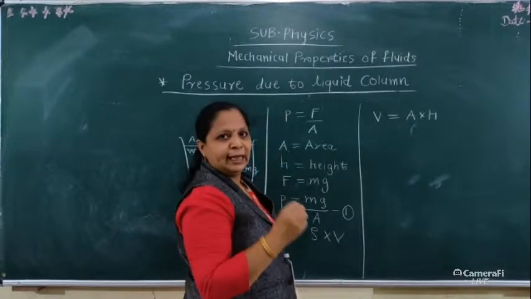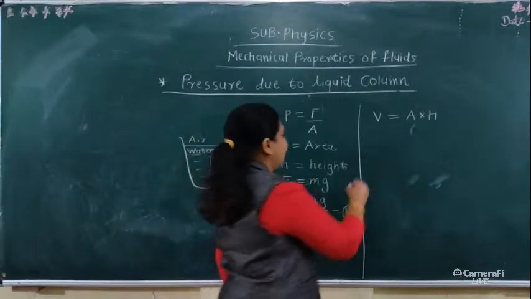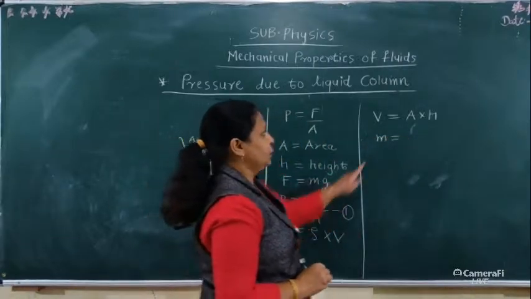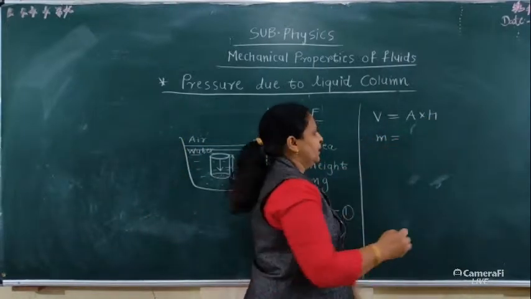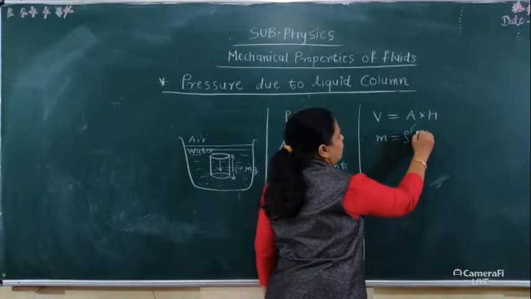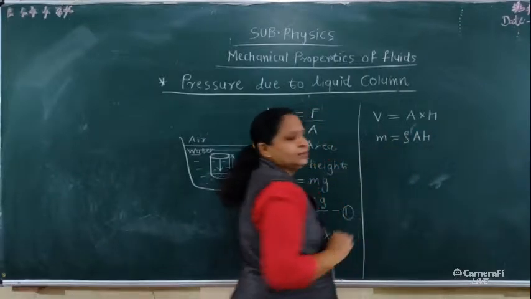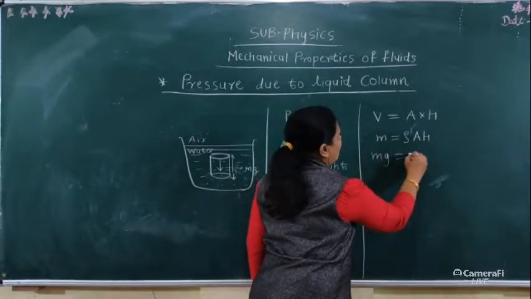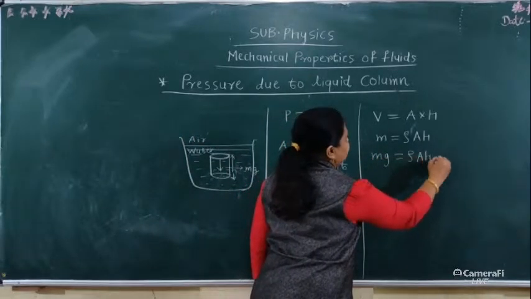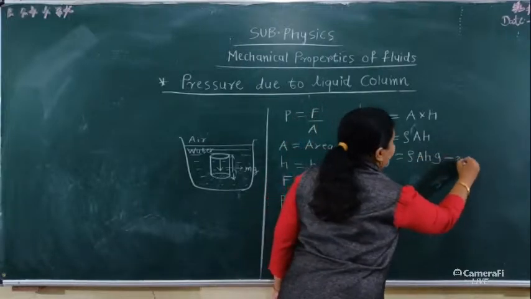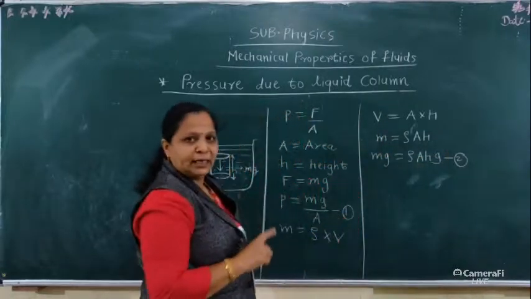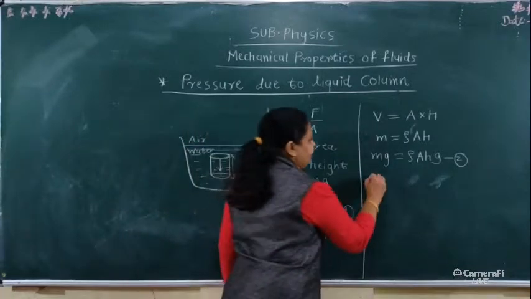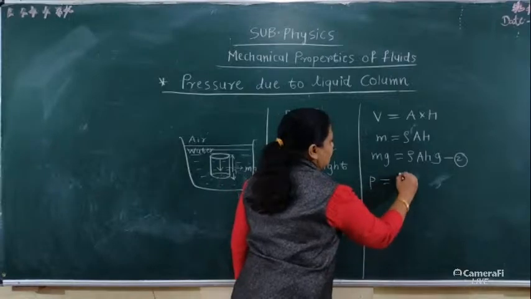Therefore, m is equal to rho into A into h, so m is equal to rho A h. Then mg is equal to rho A h g. Equation number 2.